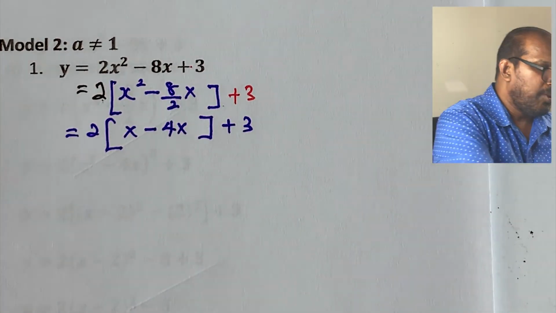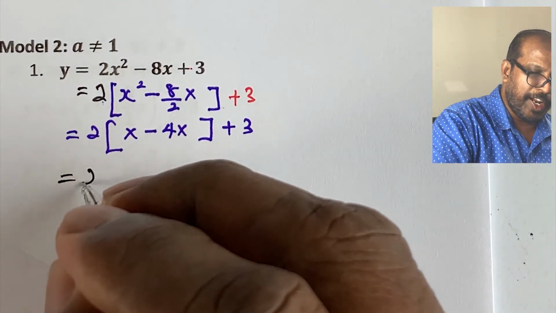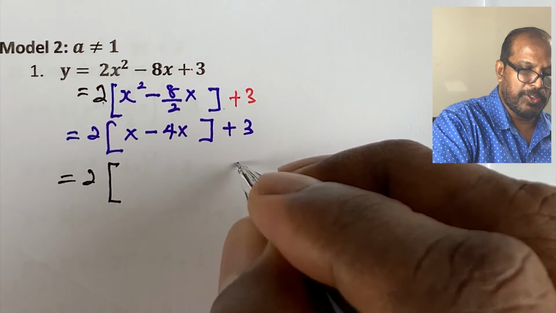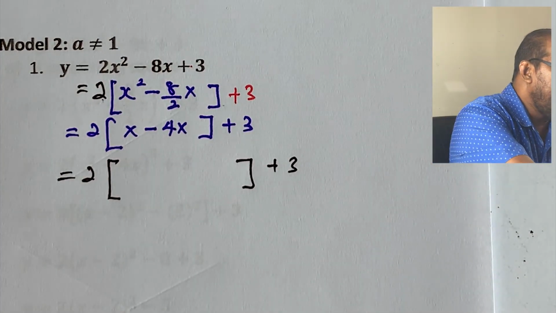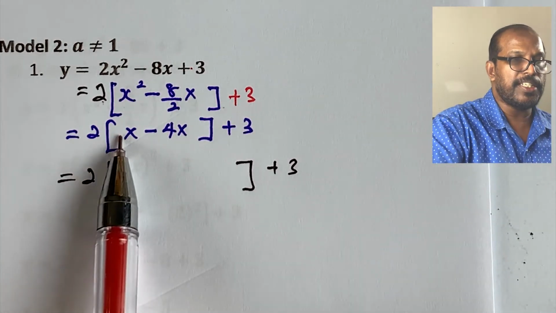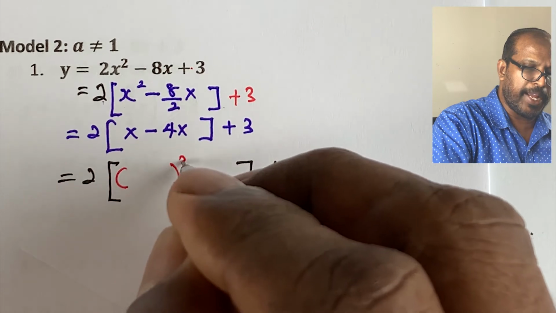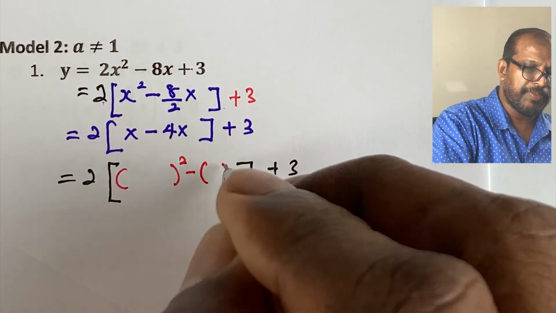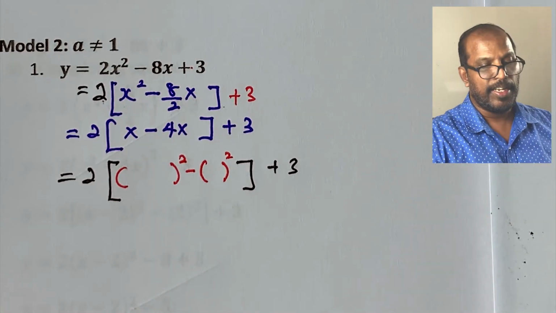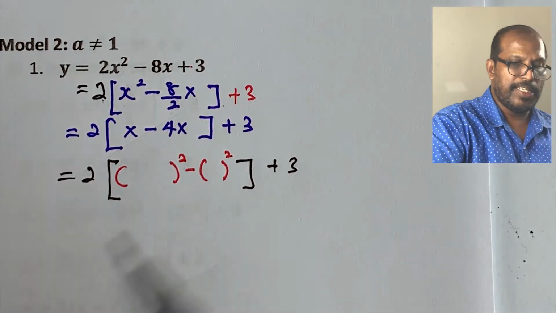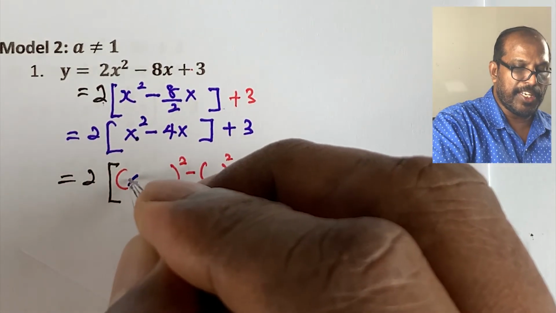Now we are ready to solve the question. Since here is 2, I'm going to write the 2, the bracket inside, close the bracket, plus 3. Now inside the bracket, the coefficient is 1, so I can apply the bracket square minus bracket square method. Since here is x squared, therefore here is x.